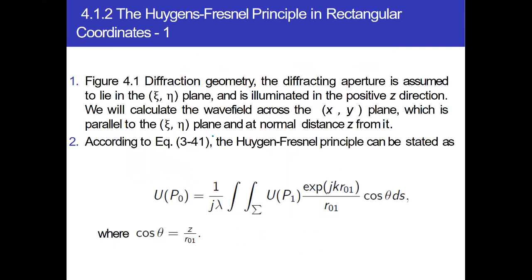According to Rayleigh-Sommerfeld or Huygens-Fresnel approximation, this is the relation between the scalar field at P0 at the observation point and the scalar field at the aperture, which is related by these equations. Note that there is a spherical wave component along with the directional compensations, okay?